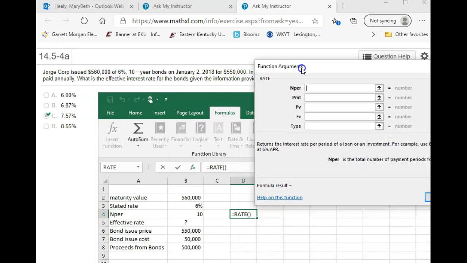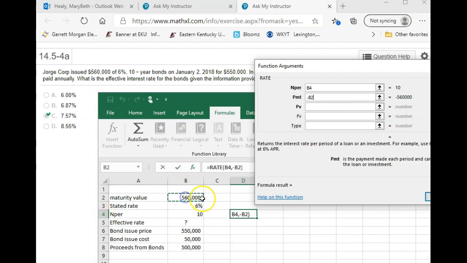Now I'm going to plug in the number of periods, which we said was 10. For the payment, I'm going to be consistent with the way I've done other videos and make this a negative, and I'm going to multiply the maturity value times the stated rate.